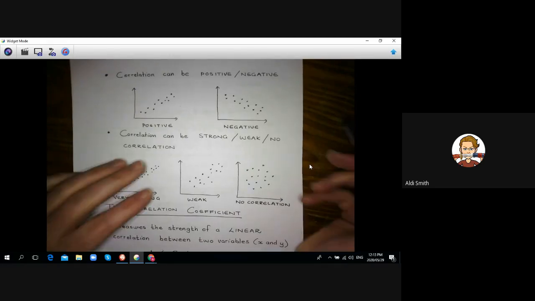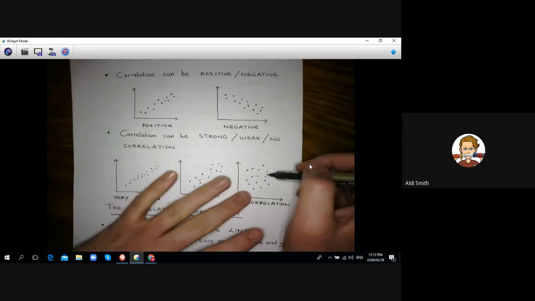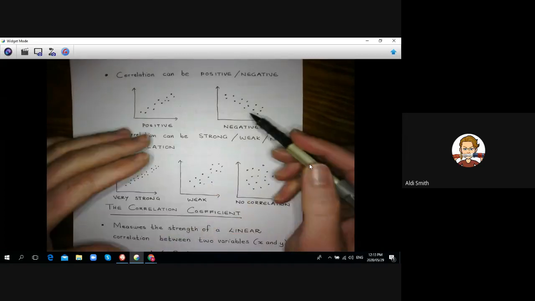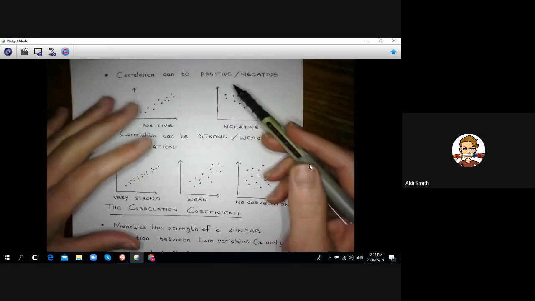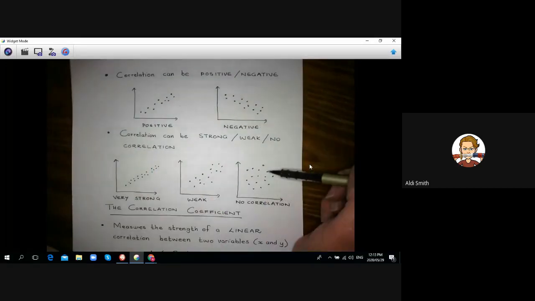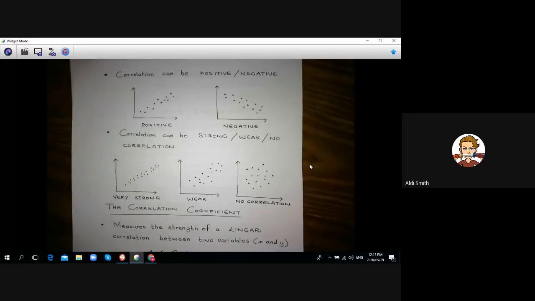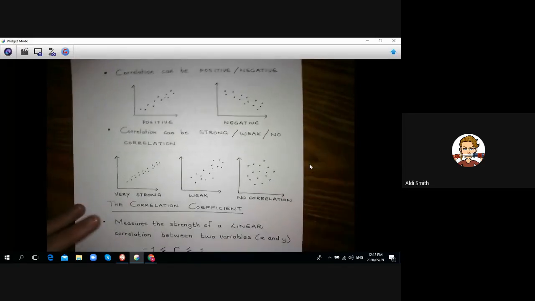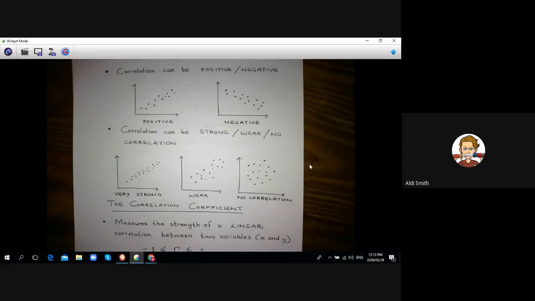And by the way, if you use the description saying there's no correlation, you're not going to describe it as linear, positive, or negative. No correlation means there's no correlation, so there's no point in describing it as linear, positive, or negative.